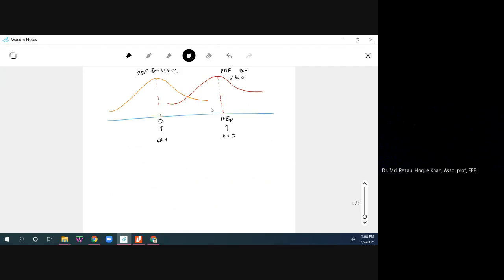Now, what is the intersection, or midpoint? The midpoint is not 0.